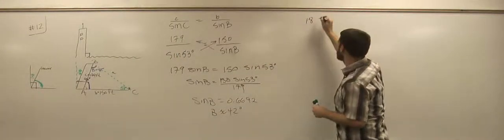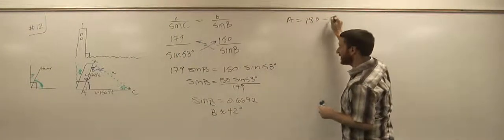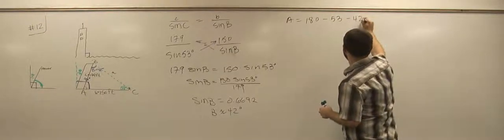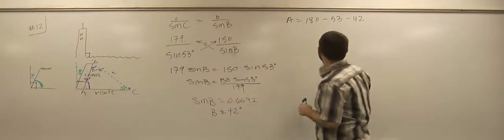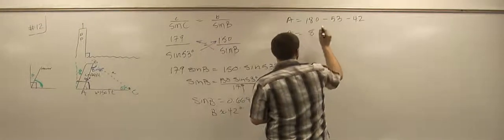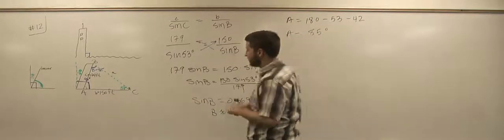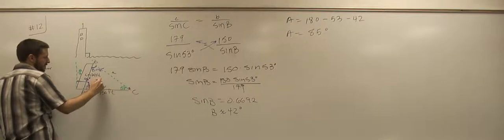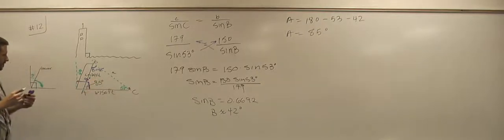We'll subtract, right? So A will equal 180 minus 53 minus 42. So 85. This angle here is 85 degrees. So then we just do 90 minus 85.